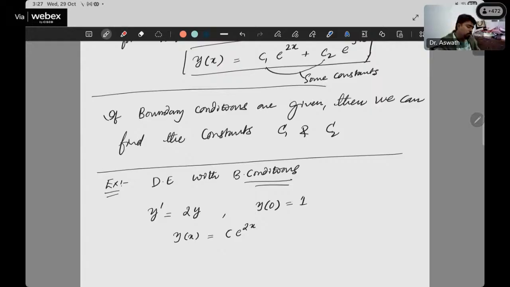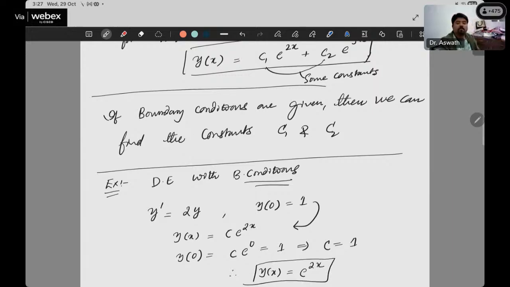I don't know what c is. What I'll do is substitute the condition y of 0 is equal to exponential 0, which is equal to 1, which implies c is equal to 1. That's simple. Therefore, y of x is exponential 2x. It's even the general solution for this differential equation.